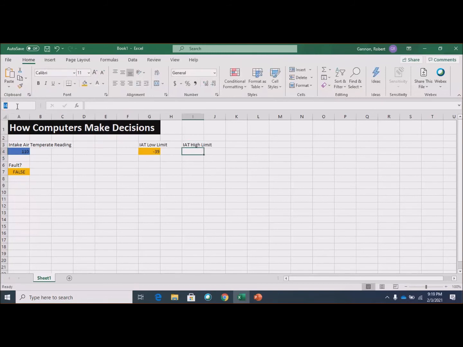We'll call this IAT high, and we'll make that 247 degrees. That's what we saw in the shop. So we can write this again. We'll check both.